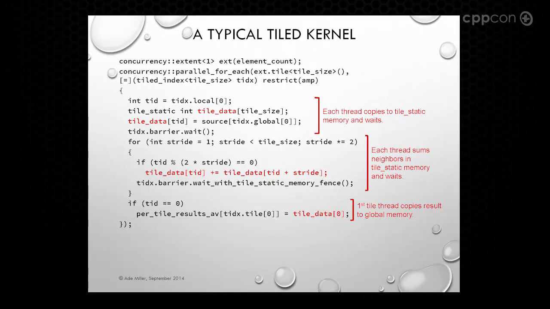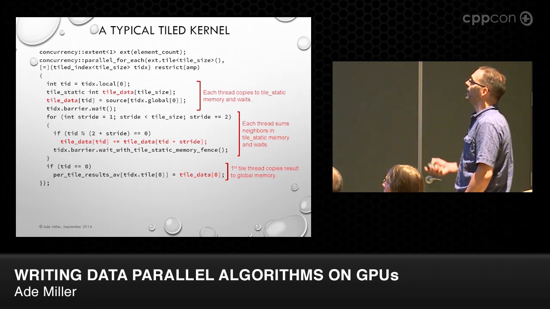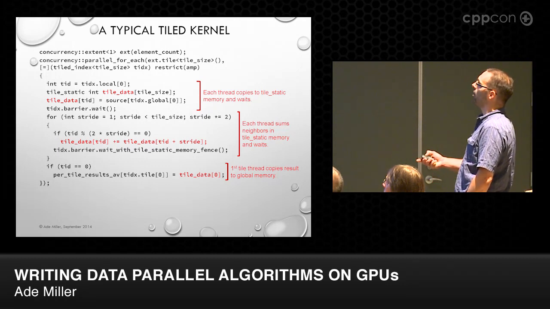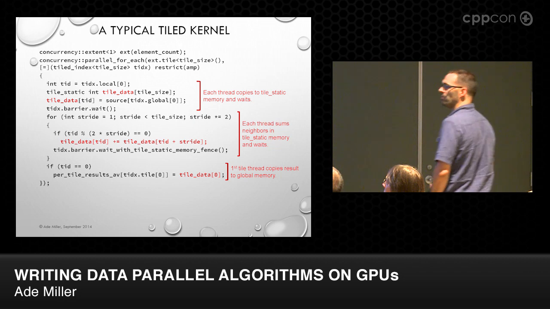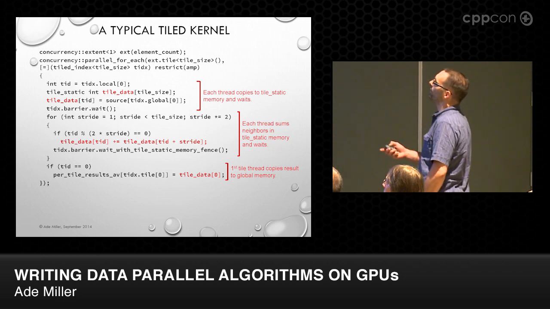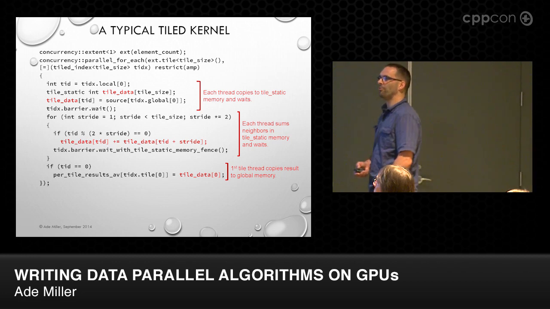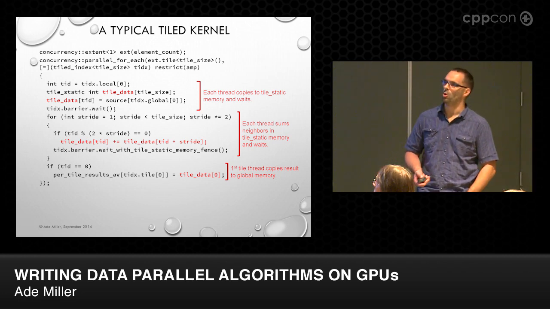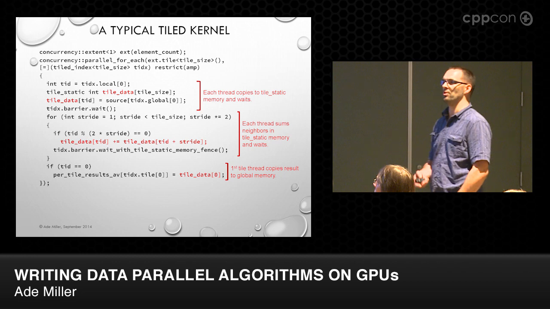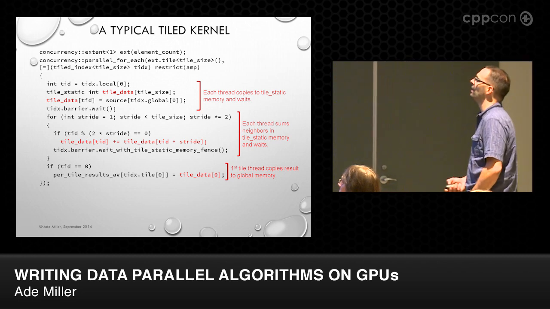So what does that actually look like under the hood? If you focus on where I've highlighted tile data, here's my load everything into tile static memory, right? And then I call tile barrier wait, right? I'm using a thing called a tiled index up here. Tiled index have some additional features as well as providing me with global and local tile indices, those additional two indices that I had.